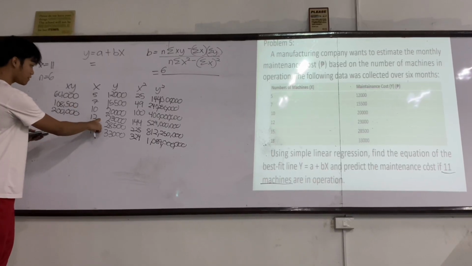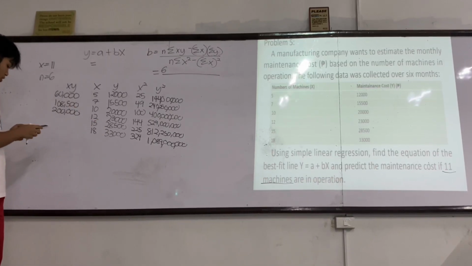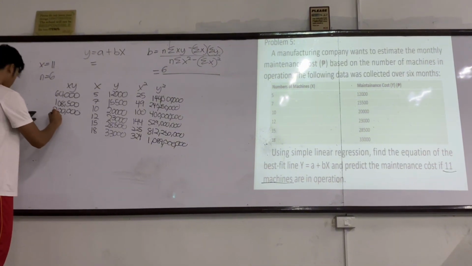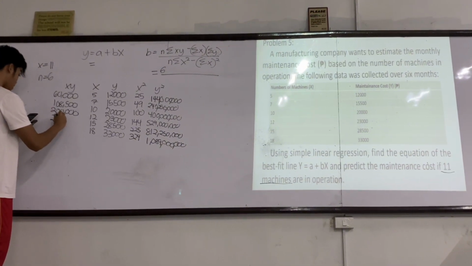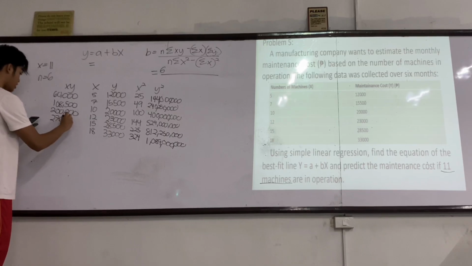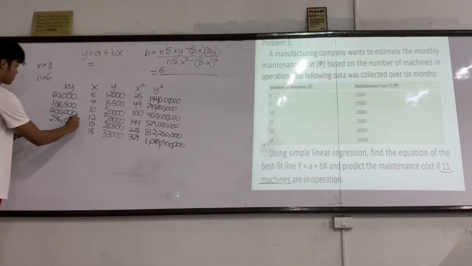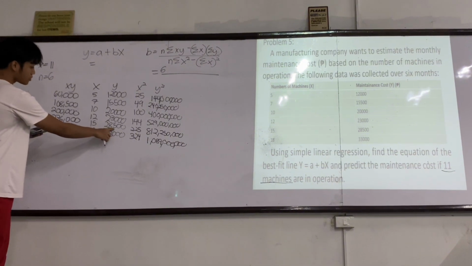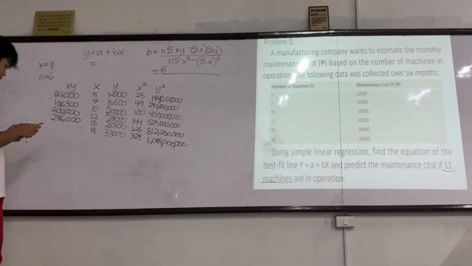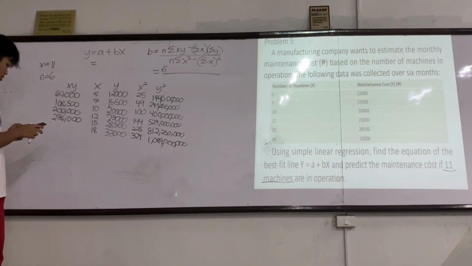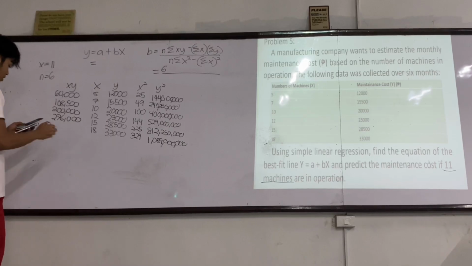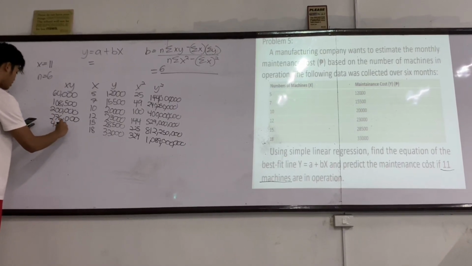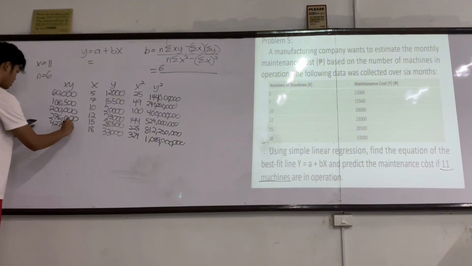And then 12 times 23,000, the value is 276,000. And then 15 times 28,500, which is 427,500.